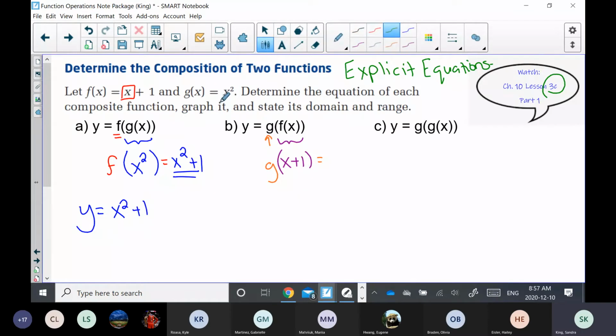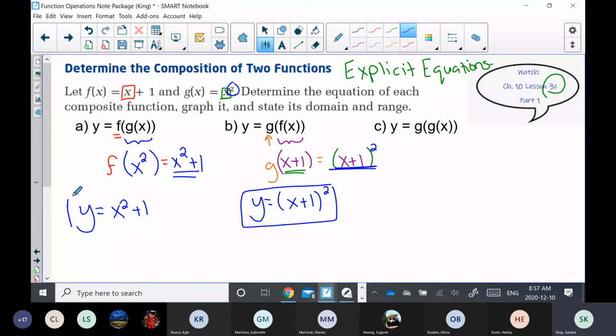What I have to do with this g function is x comes out, and what's going to go in is x plus 1. So wherever I see an x, I'm going to input an x plus 1. But then remember that there was a squared here. So this guy right here is my explicit equation. Y is equal to x plus 1, close that bracket and square it. So that's one explicit equation.